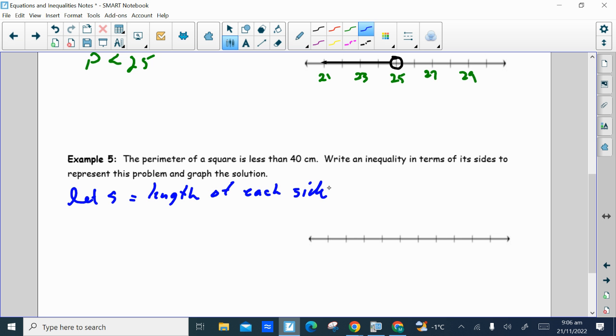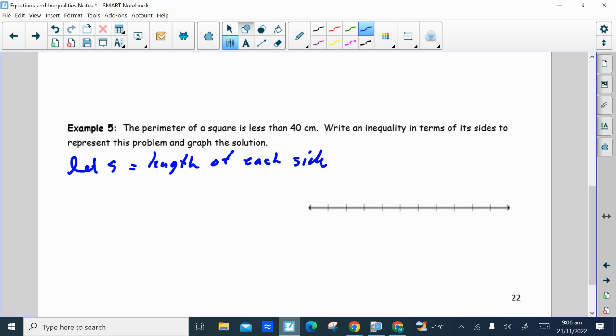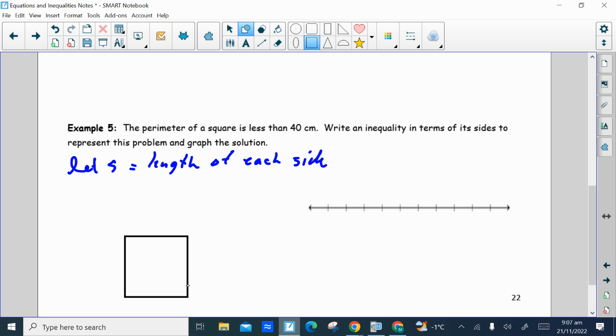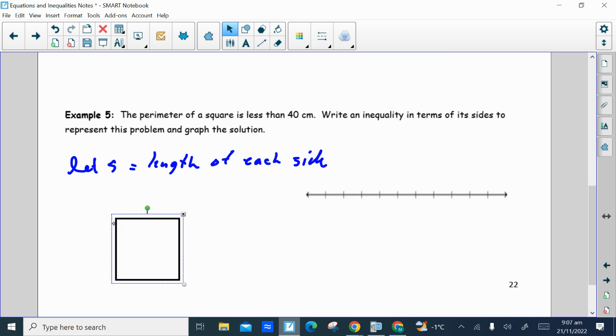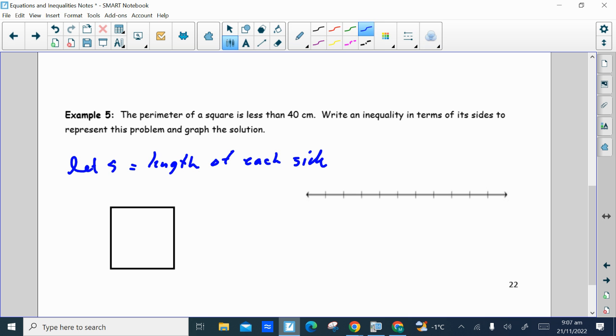If it's a square, all four sides are the same length. So S, S, S, S. The perimeter is the distance all the way around, so you're adding up all four S's. So 4S has to be less than 40.